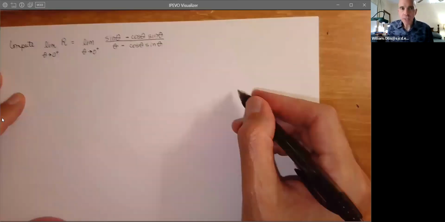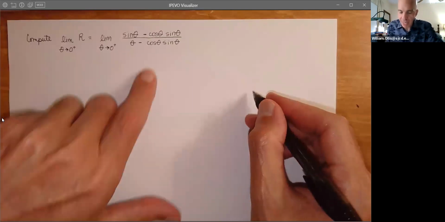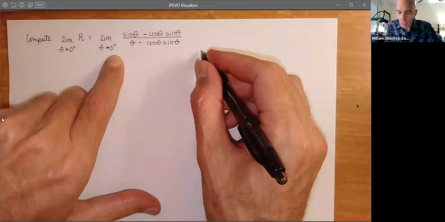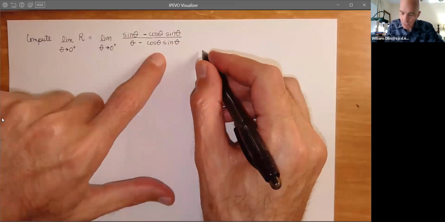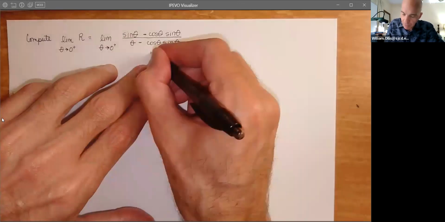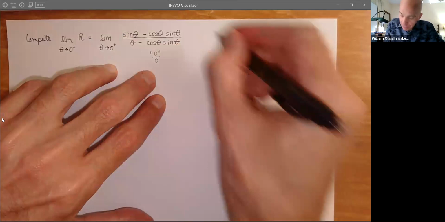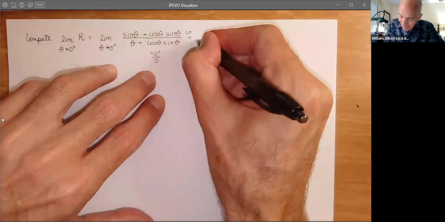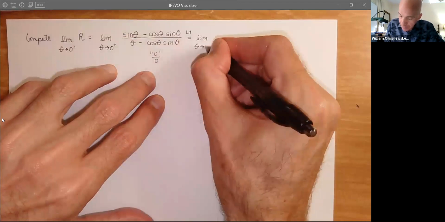So when you actually look at this, you're thinking, okay, let's see what we get. We can't substitute 0 because there's 0 minus 0 on top and 0 minus 0 on the bottom. So this is indeterminate. So we're going to apply L'Hopital. So the limit as theta approaches 0.